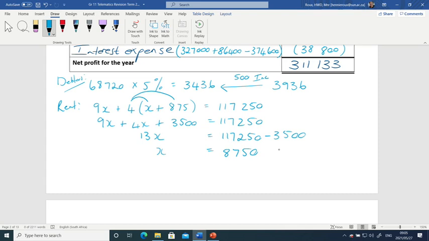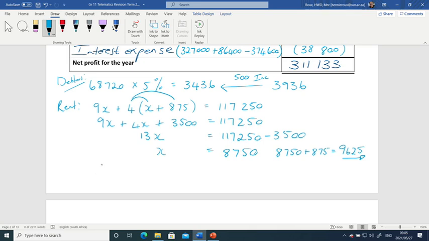So after the increase, the rent is 8,750 plus the increase of 875, and that will give us 9,625. And that is the amount that we received in advance for March, because we were actually trying to calculate what was the rent for that March, in other words, after the increase.